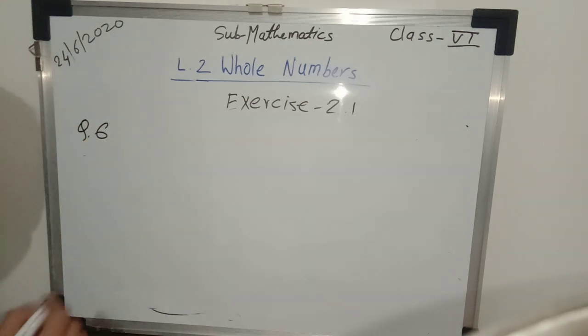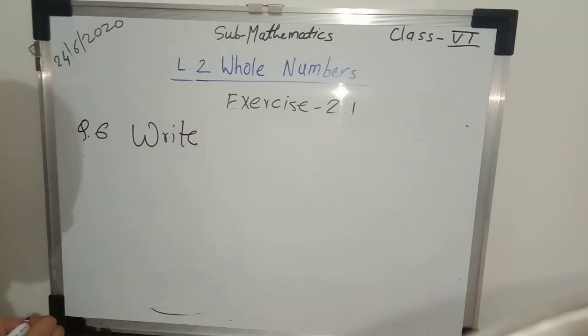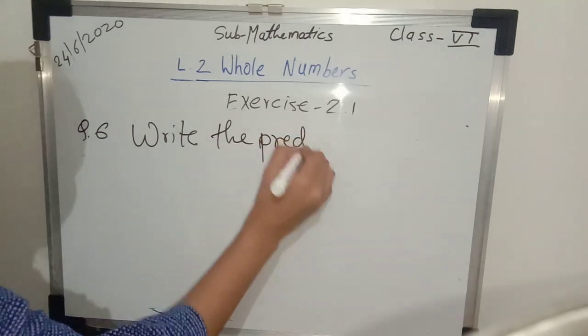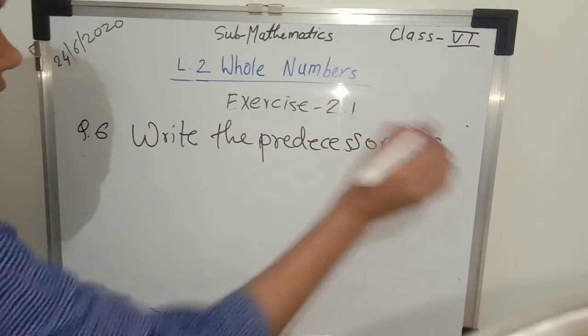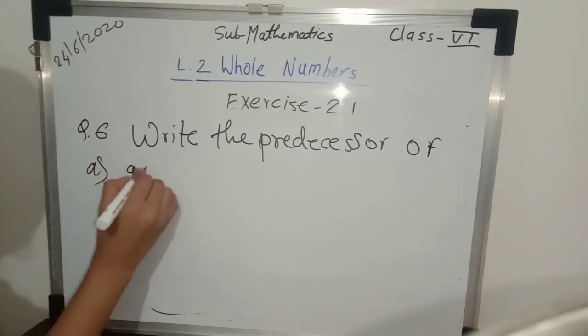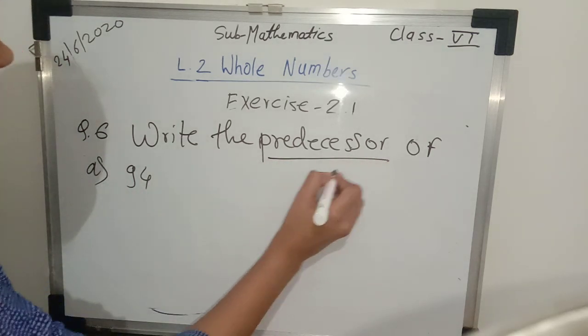Question number 6. Now here question number 6 is exactly opposite to the question number 5, that is write the predecessor of. Now here first number is 94. It is very simple to find out, because 2 digit numbers are there. What we have to do, predecessor means minus 1.